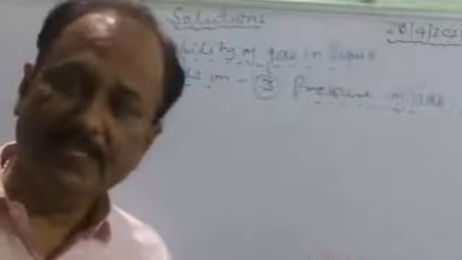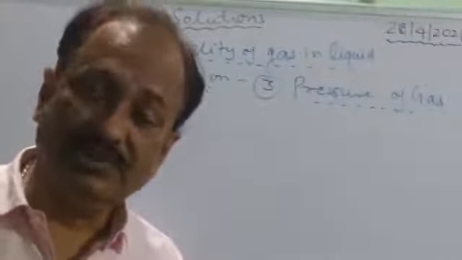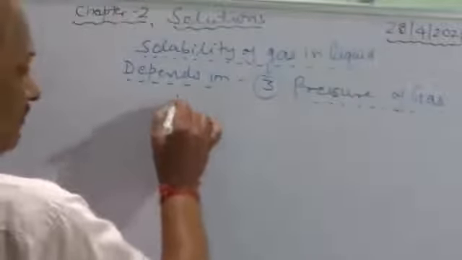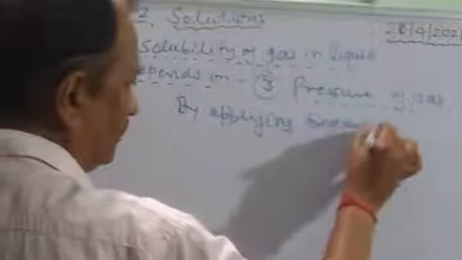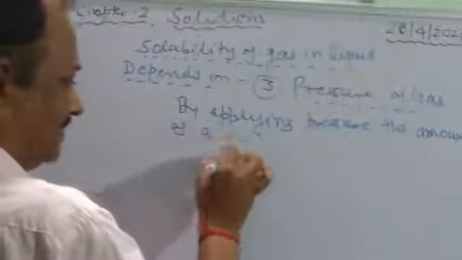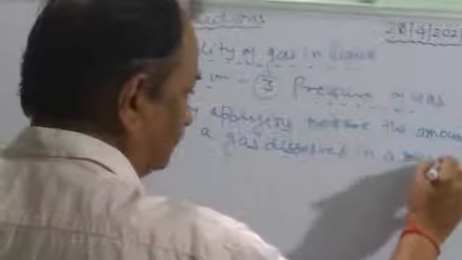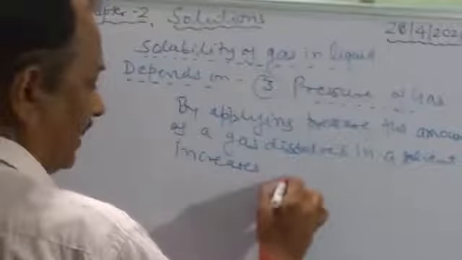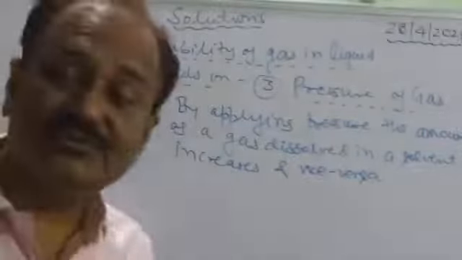As you have seen in the previous portion of this video, by applying pressure, more and more gas can be dissolved, because it results in compression. Simply, by applying pressure, the amount of gas dissolved in a solvent increases, and vice versa: when the pressure is decreased, solubility decreases.